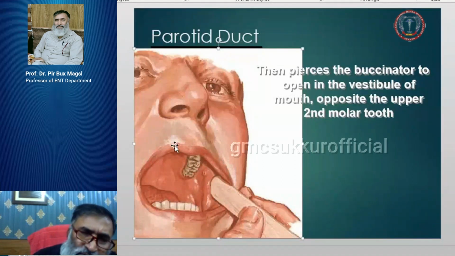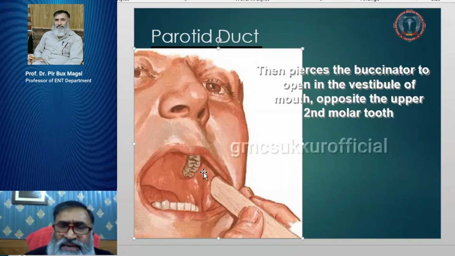Number two, due to the smaller amount of secretion in dehydration, the staphylococcus and the normal commensal bacteria of the oral cavity are not washed away, so they stay in the oral cavity, enter the parotid duct, travel easily towards the parotid gland and cause parotitis.